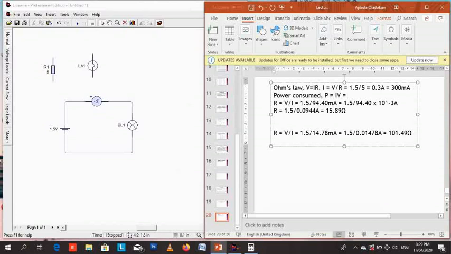It says calculate the power consumed. That power is P equals IV. We stated that last lecture. P equals IV is one formula.